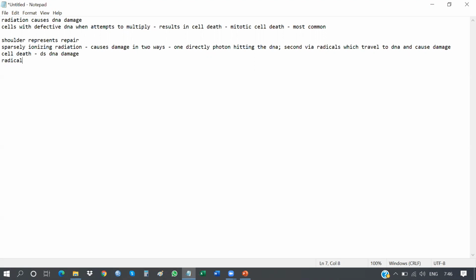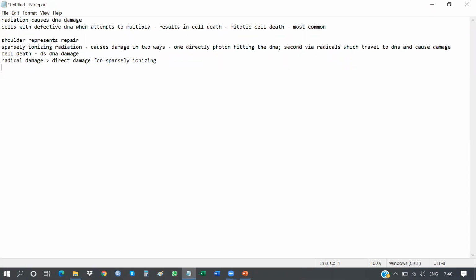So radical damage is greater than direct damage for sparsely ionizing, because these radicals go to the DNA and cause damage. In direct, there is only one way, which is that it goes and hits the DNA.